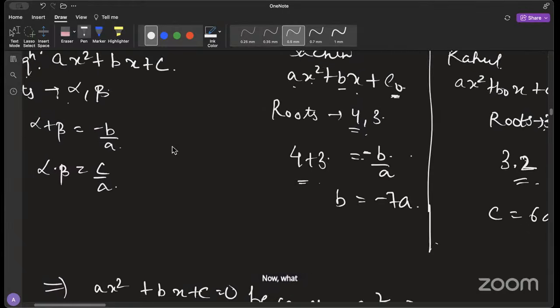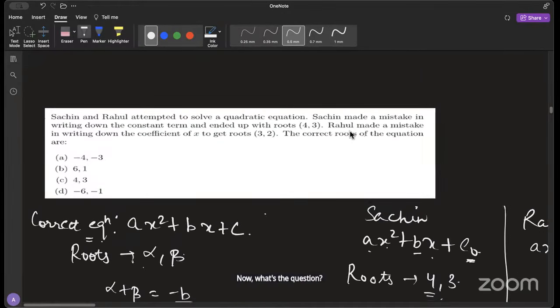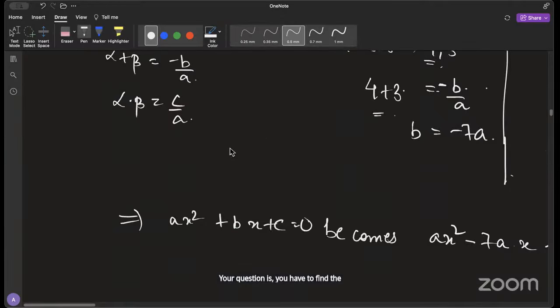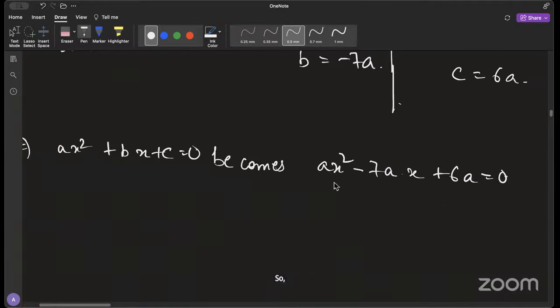Now what's the question? Your question is you have to find the correct roots of this equation. Someone had a doubt about how you get rid of this a.